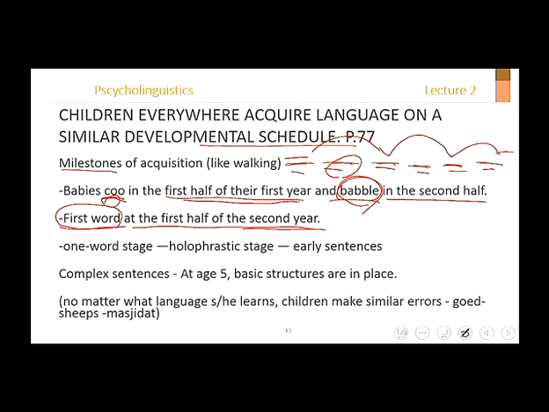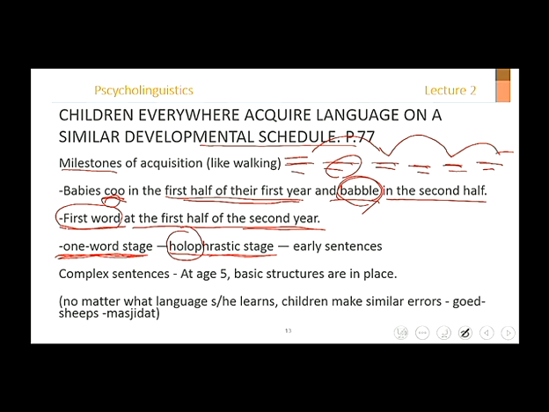That one word marks the one-word stage. At this time, we say the child is at the one-word stage. So the child basically knows one or two, a couple of words. This stage is also called the holophrastic stage. What does that mean? If you look at children, you will see that they use one word for everything.